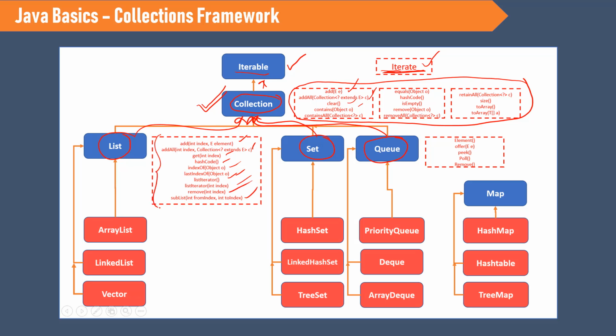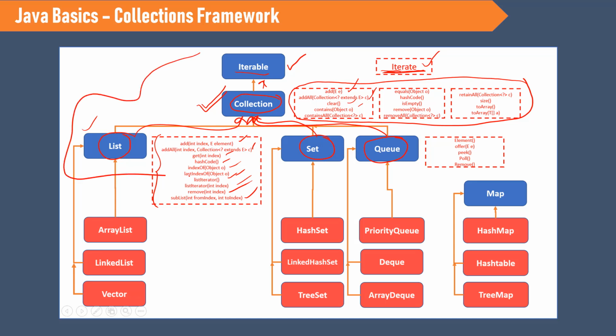So these are some additional methods defined in the list interface. Like this, all these interfaces, list, set and queue, have defined some additional methods, but those methods are not implemented because all these are interfaces.